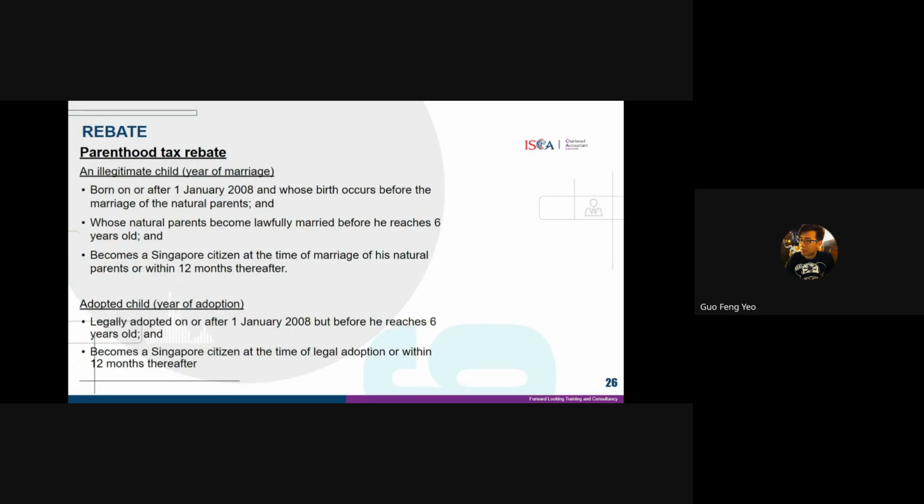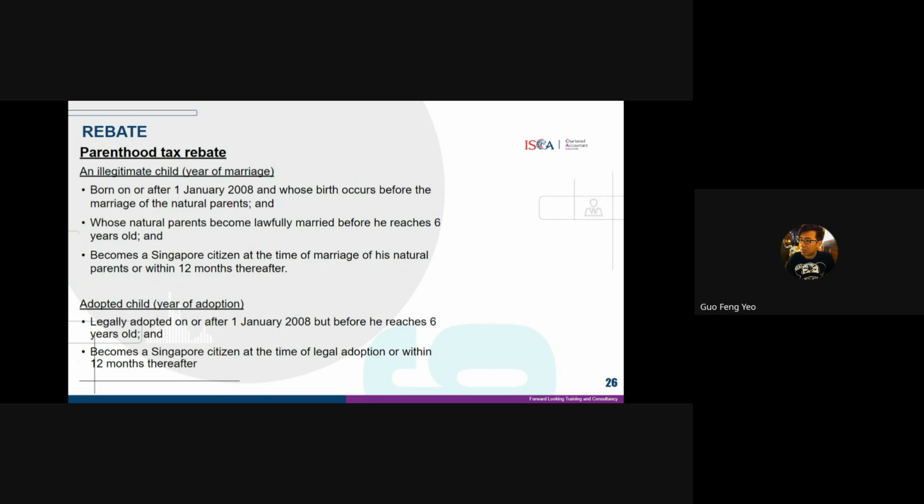For an illegitimate child, which is a child born based on the year of marriage, the child is born on or after 1st January 2008, whose birth occurs before the marriage of the natural parents, and whose natural parents become lawfully married before he reaches 6 years old, and the child is a Singapore citizen at the time of marriage of his natural parents or within 12 months thereafter.